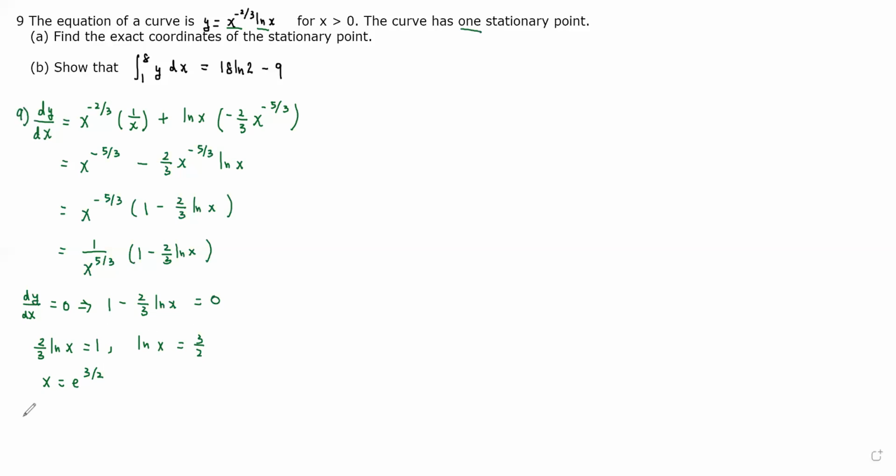This is the x coordinate of the stationary point. To find the y coordinate of the stationary point, we sub x equals e to the 3 over 2 into the function, so that y is e to the 3 over 2, raised to the negative 2 over 3, times ln e to the 3 over 2.